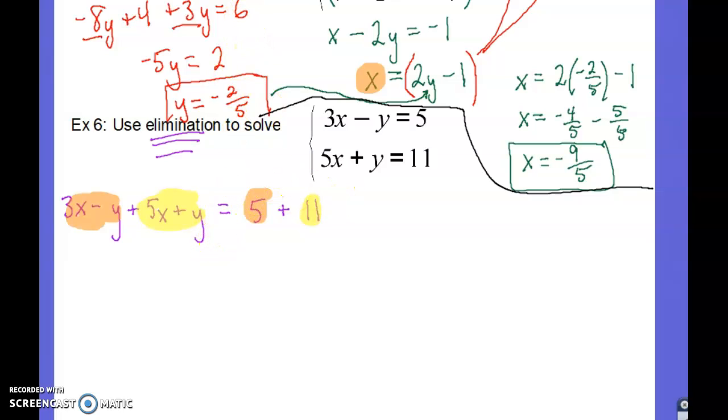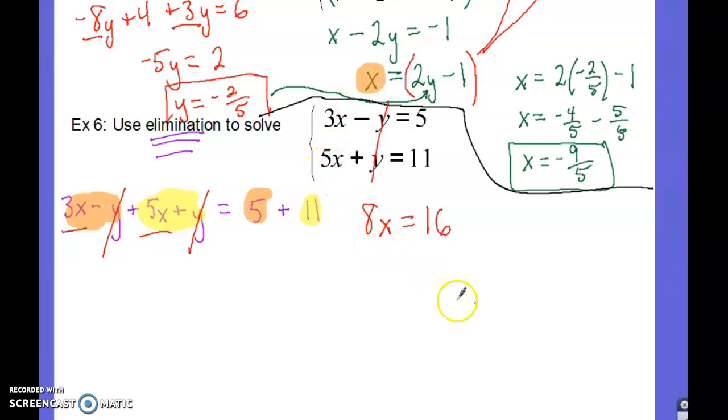There's your equal right there. That's why this method works, and that's why when you combine things together, negative y plus y will cancel each other out. And that's why traditionally some teachers will look at this and say, oh, you can just cancel these out, and you're left with 8x on the left side equals 16 on the right side, which is the exact same thing as what you would have gotten on this thing.